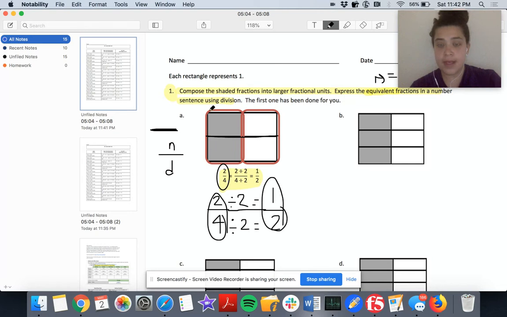As you can see, if we ignore this horizontal line for a second, we have 2 pieces and only 1 is shaded in.